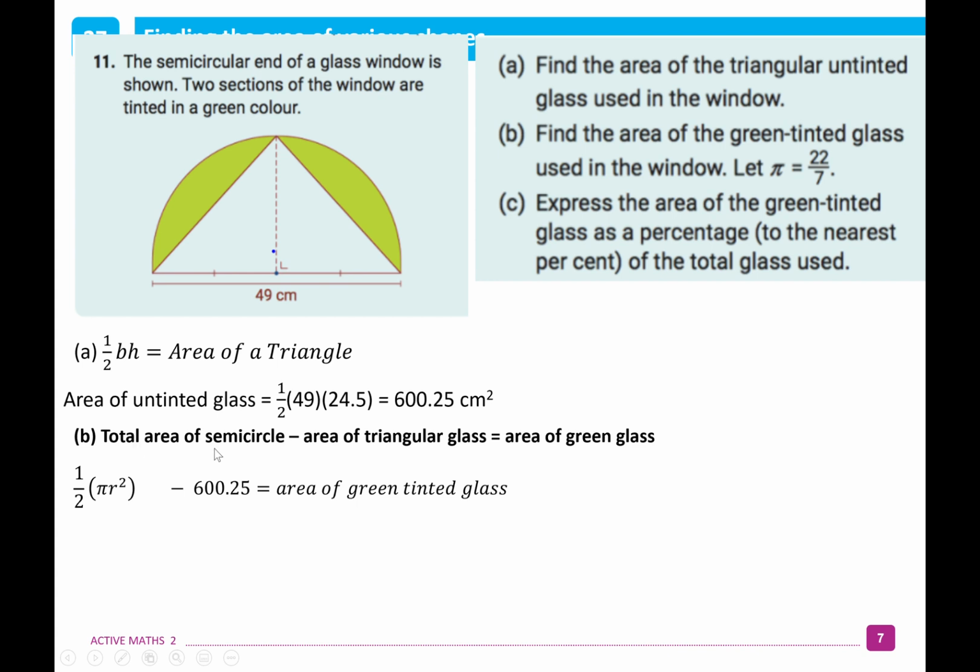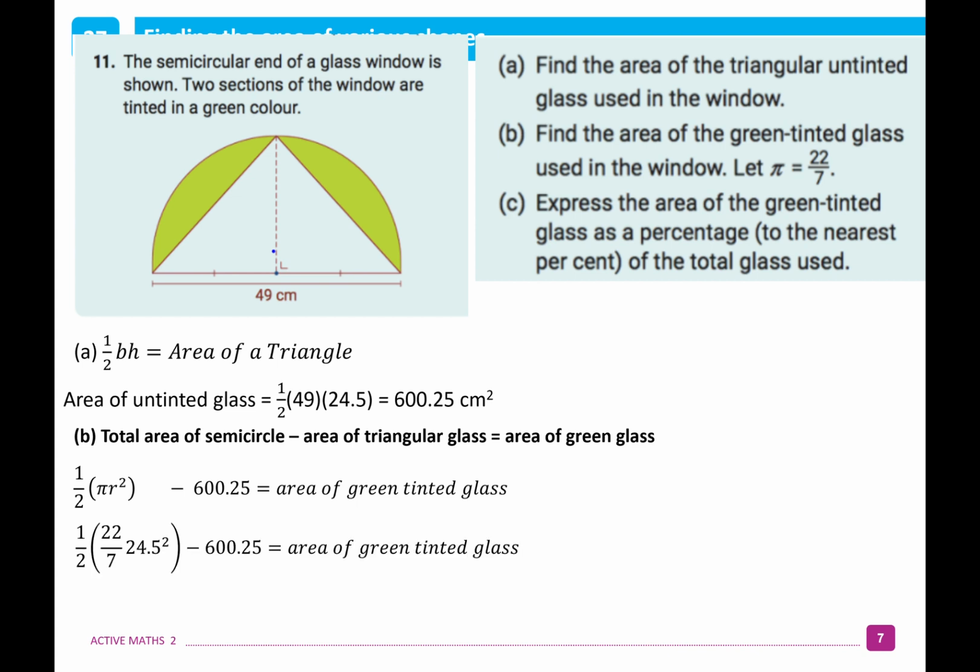The area of a semicircle is equal to pi r squared, the area of your circle, divided by 2. This is the same as writing a half times pi r squared. The area of your triangular glass has been found in part A. This is equal to 600.25. Let's find the area of our semicircle.